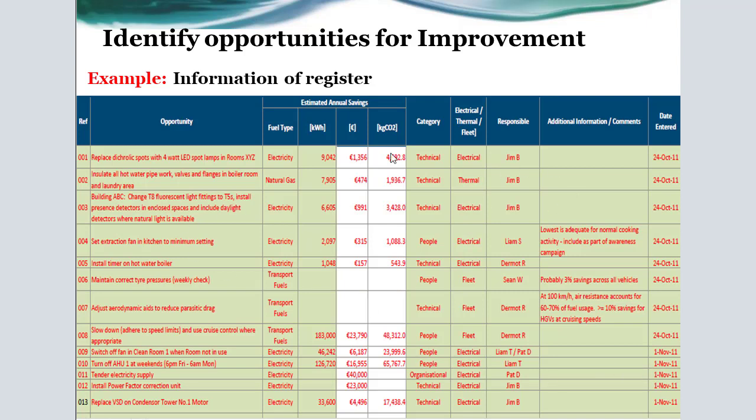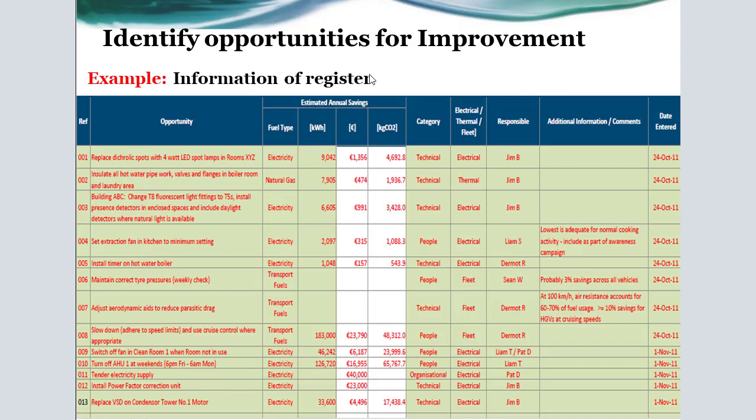So we see, while we are talking about the opportunities, energy auditors will of course make their tables for scheduling these opportunities according to the type of their work, and include the type of fuel, the energy saving, the cost, the emission reduction, the classification of the opportunities, and so on, also including the date.